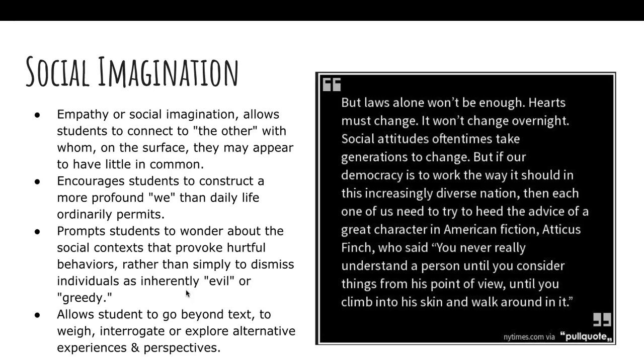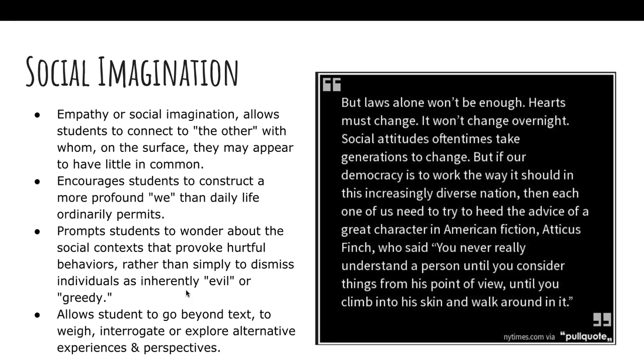And so instead of thinking of humans and myself as just an individualized person, this idea of social imagination really connects the we. So it starts to kind of get at the heart of our democracy, thinking about how do we make decisions based on the collective, not just the individual.